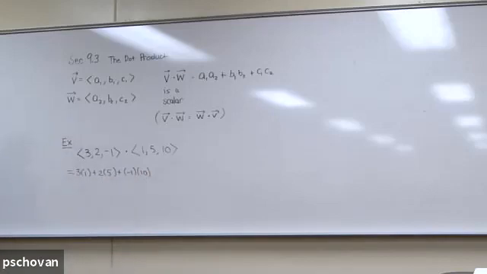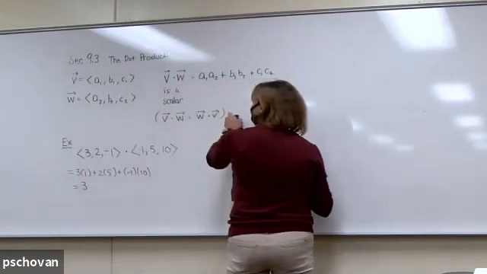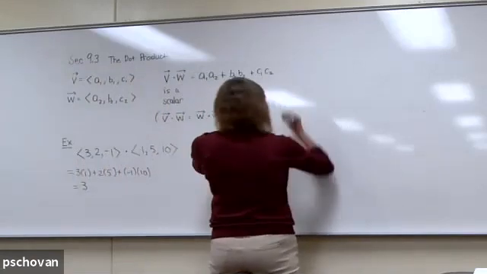That's 3 plus 10 minus 10 gives me 3. Easy enough? All right, so one thing we know about the dot product is it's a scalar. Another thing that we know is that it's commutative.